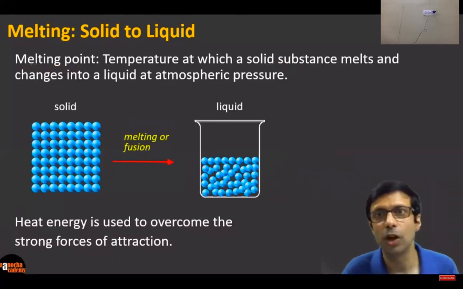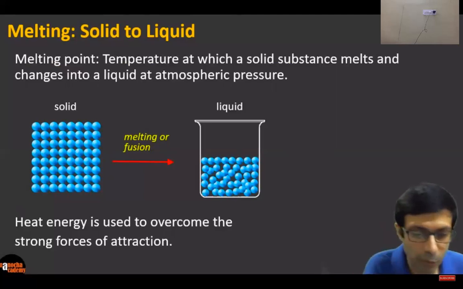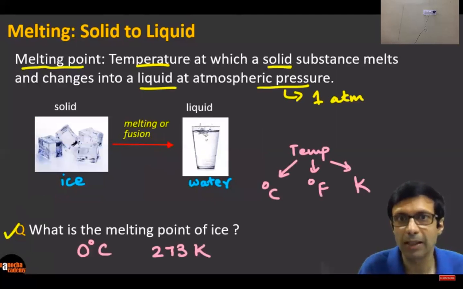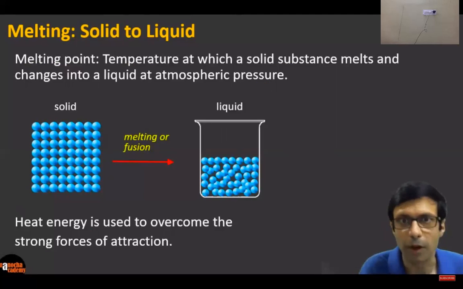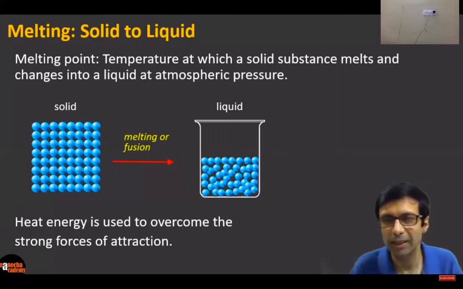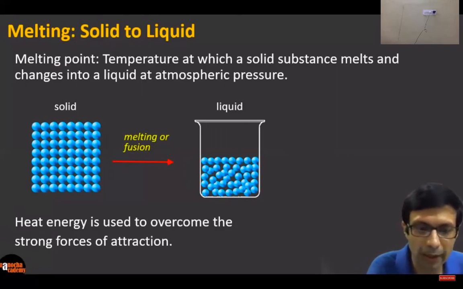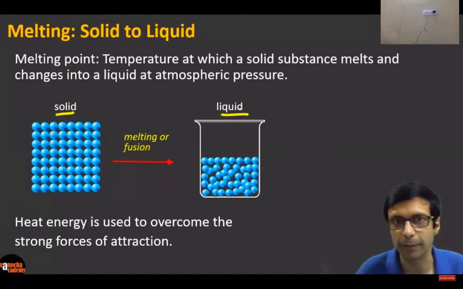Okay. So now let's visualize this melting based on the molecular picture. Here we were just showing the ice and water picture to you, but now we are looking at its molecular structure. So let's take a closer look at what's happening here. The temperature, we know, at the melting point is changing from a solid to a liquid.